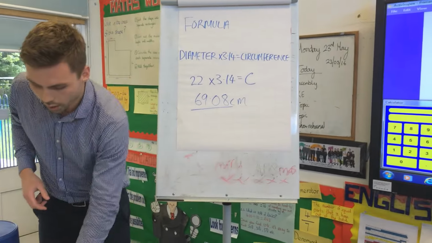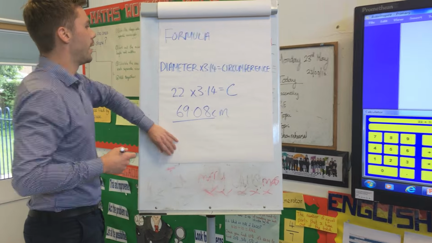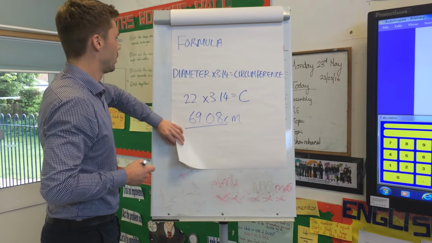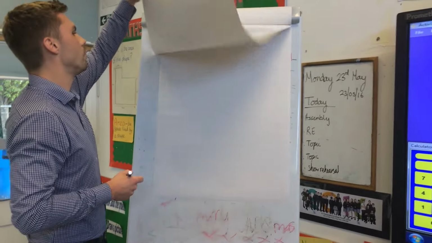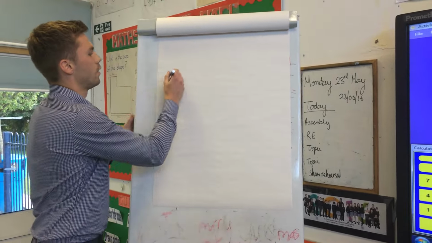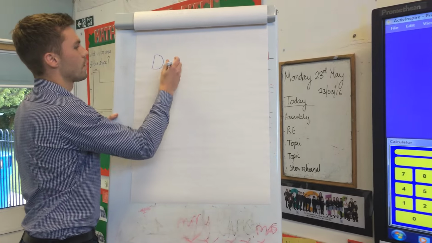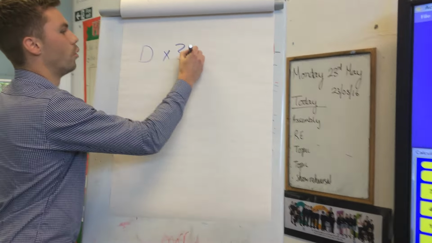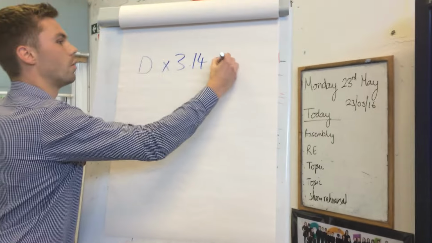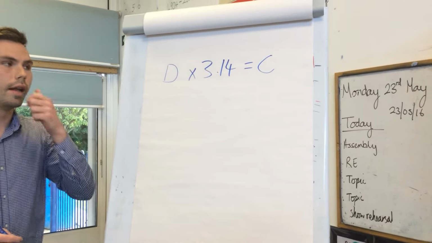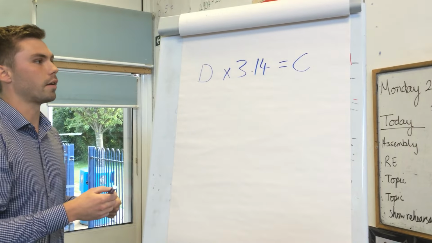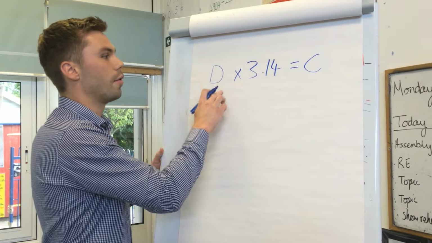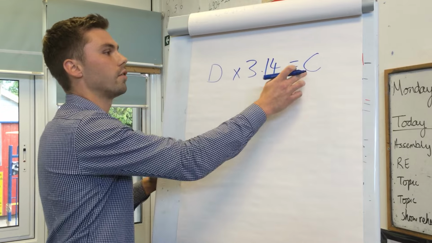In terms of pi, this magic number, if we rearrange this formula, I'm going to use the letter, so I'm going to write diameter times 3.14 equals circumference. Now we can rearrange this number sentence just like we've been doing all year. So I know the diameter times 3.14 (pi) is circumference.